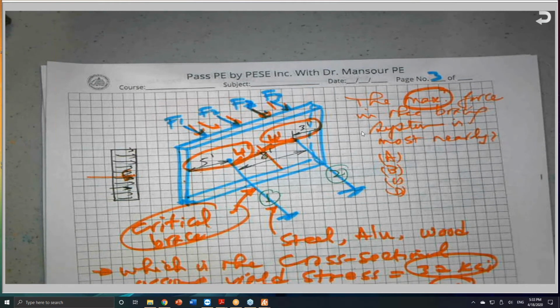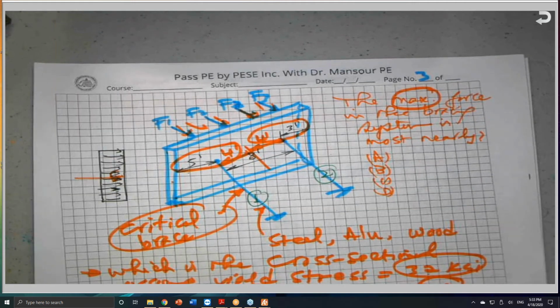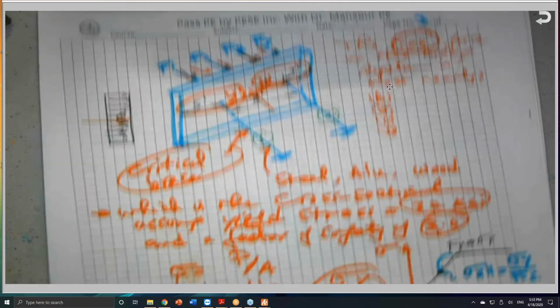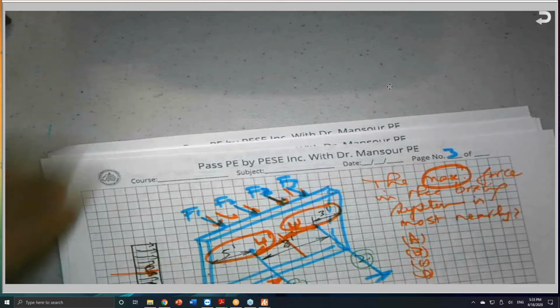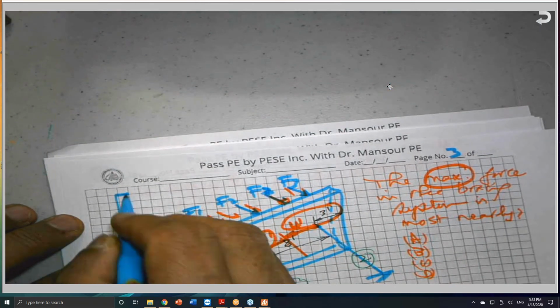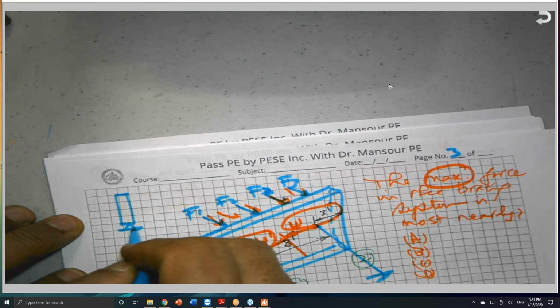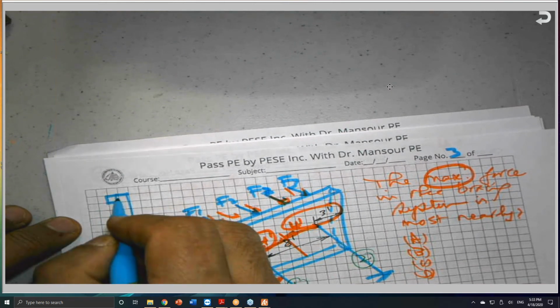No, there is wood on top. Means that if this is a cross section here like this, there is a piece of wood here.